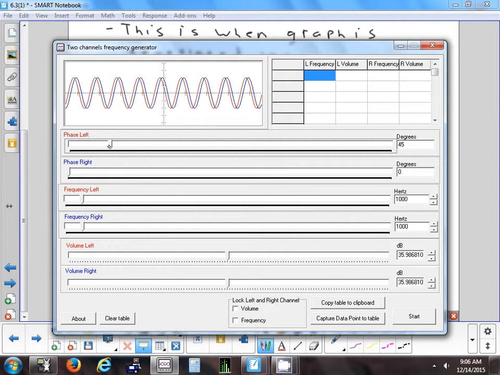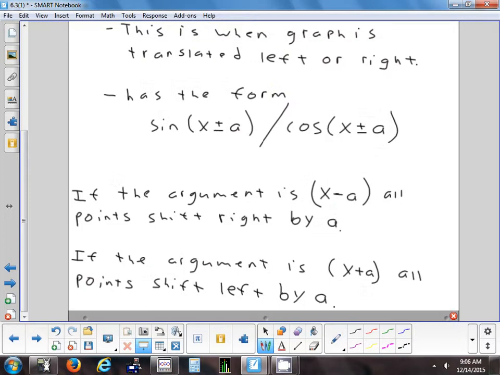So 45, or pi over 2, 90, or well, I can't quite get 90, but that's about 90. And then 180 would be about right there. They're almost opposite each other now. So we'll talk about what this would sound like if we played it in a little bit. So any question on the phase shift, which way it moves?